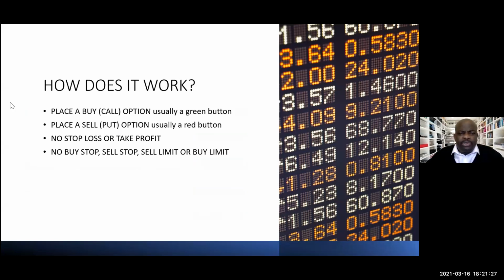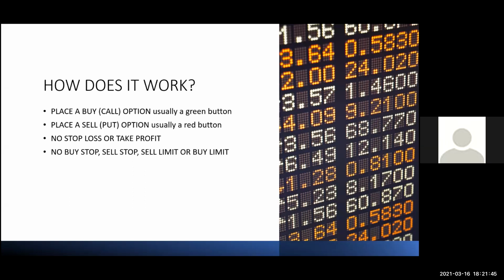So how does it work? There are only 2 buttons, call or put. For those of us in Forex, that's buy or sell. The buy is usually a green button on most of the brokers, and the red button is for sell.